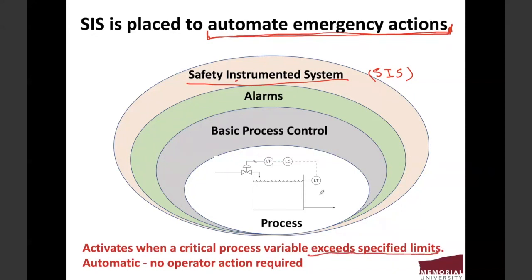As in my example, if the level was 2.1 or 2.5 or any level higher than the set point, it will intervene and activate on its own. It is automatic and no operator action is required. Because it is an automatic system, we can expect it to work in a very timely manner and take the decision.